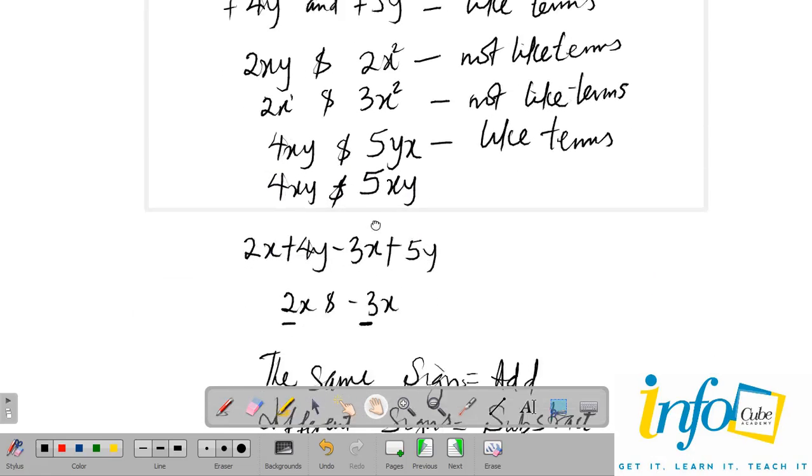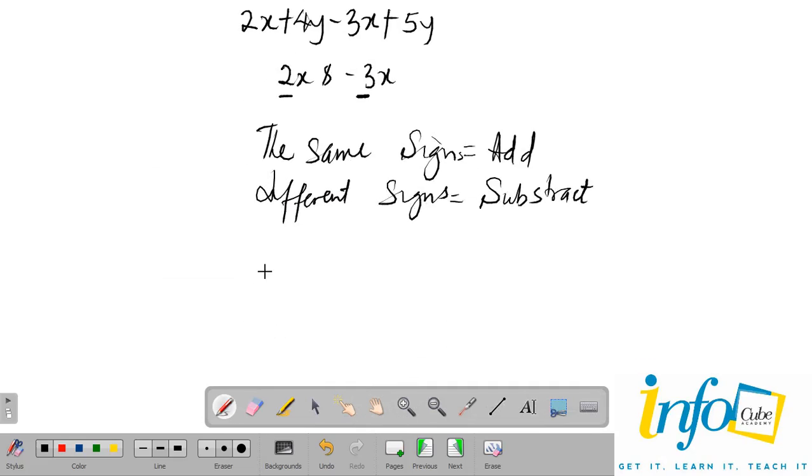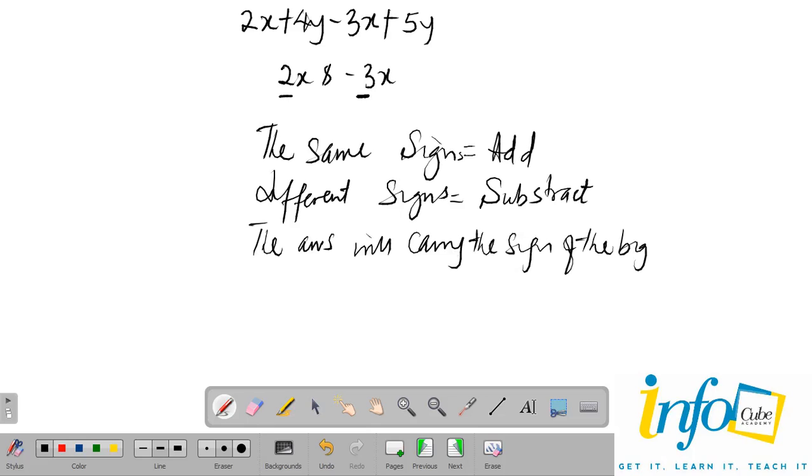And the answer will carry the sign of the bigger number.